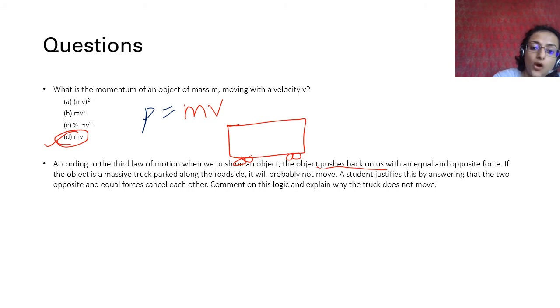If the boy is pushing like this, the truck pushes back like this, but this is by the person on the truck and this is by the truck on the person, right? So there is an equal and opposite force, but they are acting on two different bodies. So this justification is wrong. They do not cancel each other out because they're acting on two different bodies.